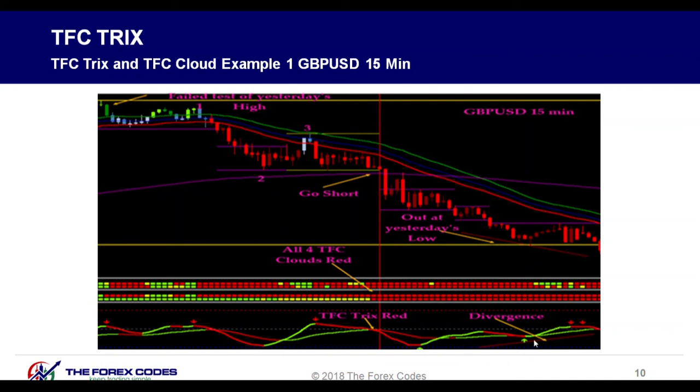Price is falling, candles are red, but Trix is rising and green, which tells me to get out. Well, I've got support anyway, but support is likely to hold because the Trix is going higher and is green, so I'm out. Does that make sense? But you know, that trade is worth up to 80 pips.